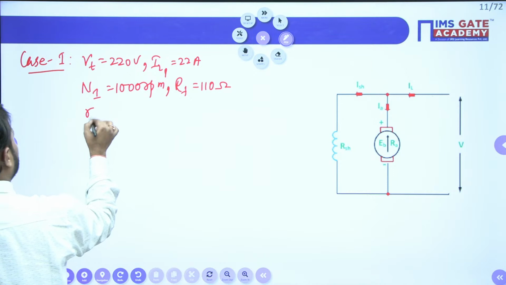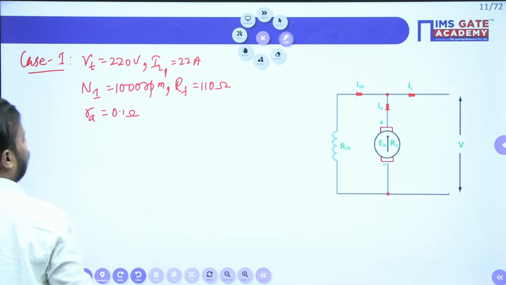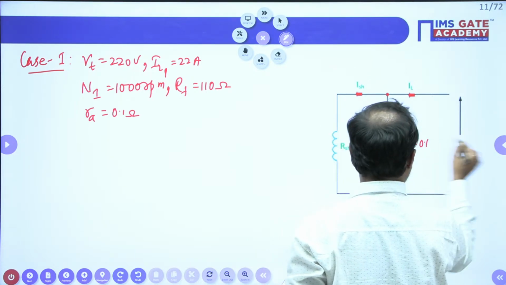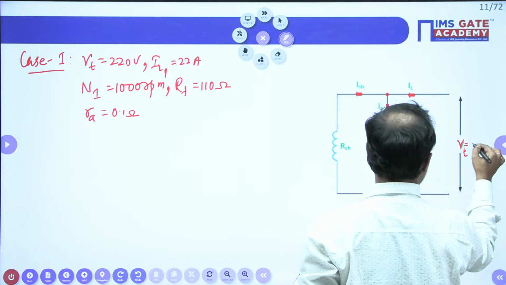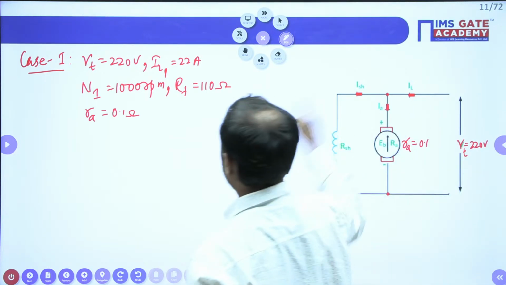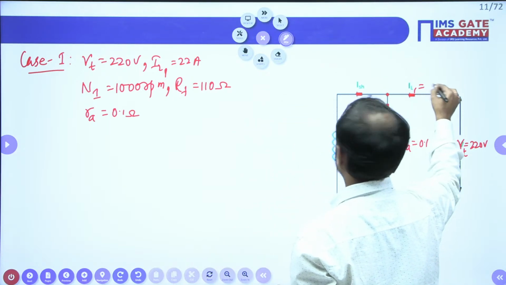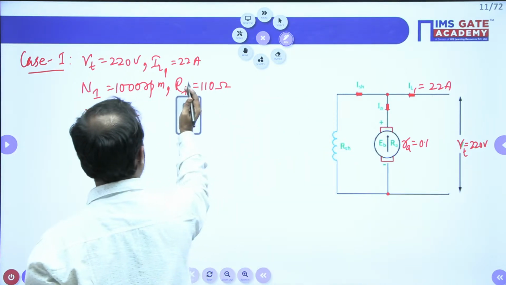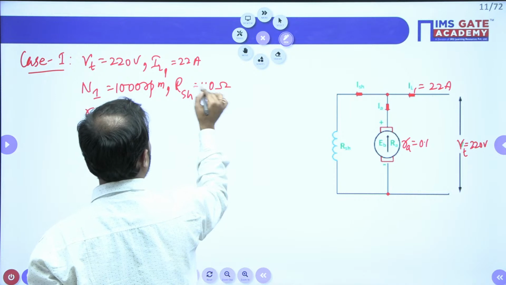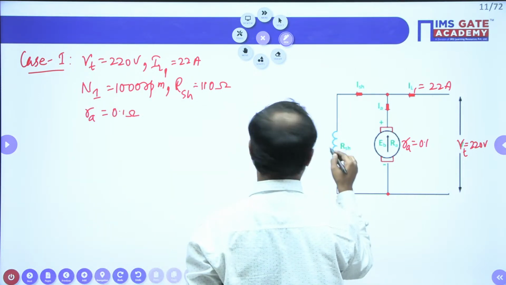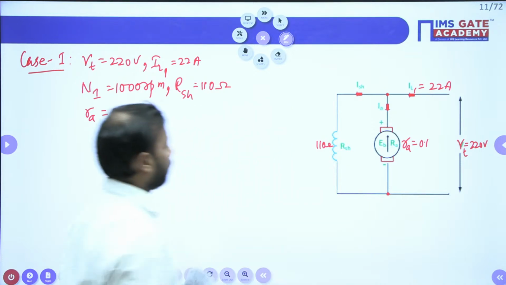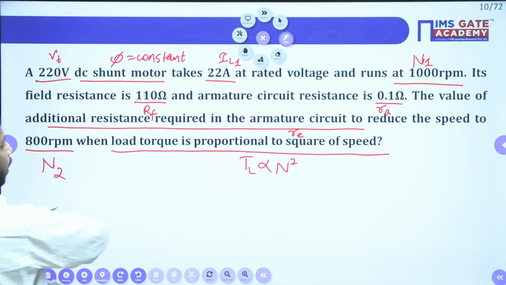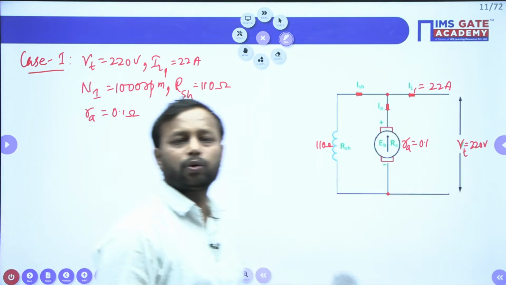RA is given as 0.1 ohm. Let me write RSH here itself, RSH is 110 ohm. So again, we need to calculate the resistor, and it is related to the speed problem.